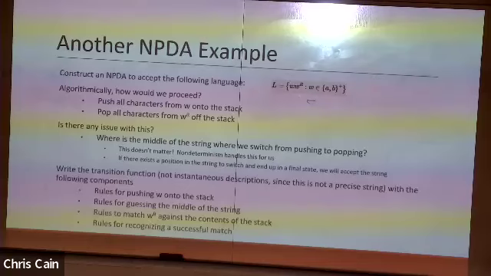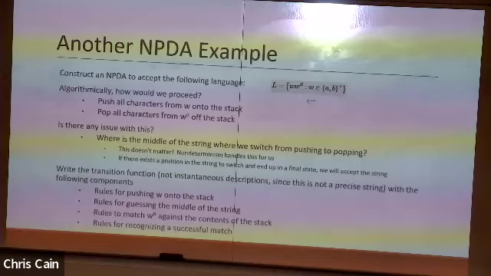So here are the different classes of transition rules that we're going to need. Whenever I'm making an NPDA, I like to think about trying to break the transition rules down into their associated classes or steps, algorithmic steps. So think about the problem algorithmically. We need to push all characters from W onto the stack. Then we need to pop all characters from WR off the stack.